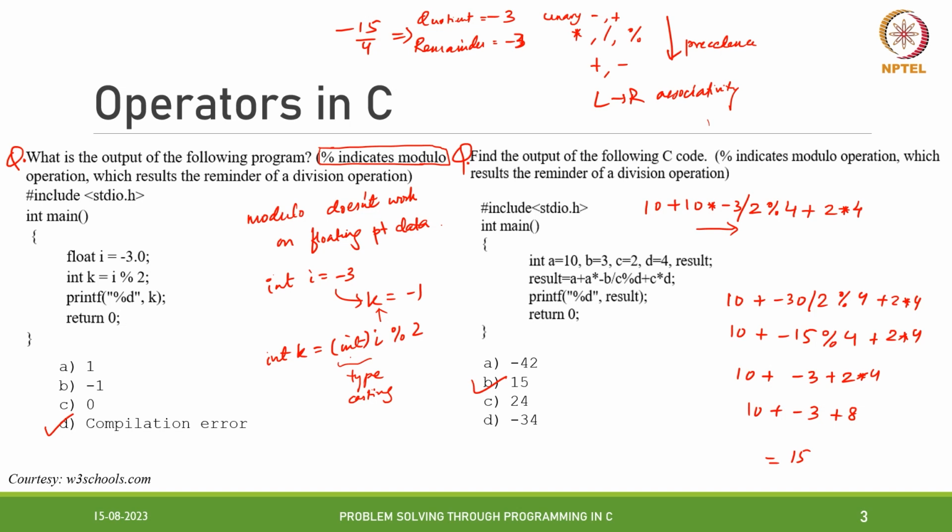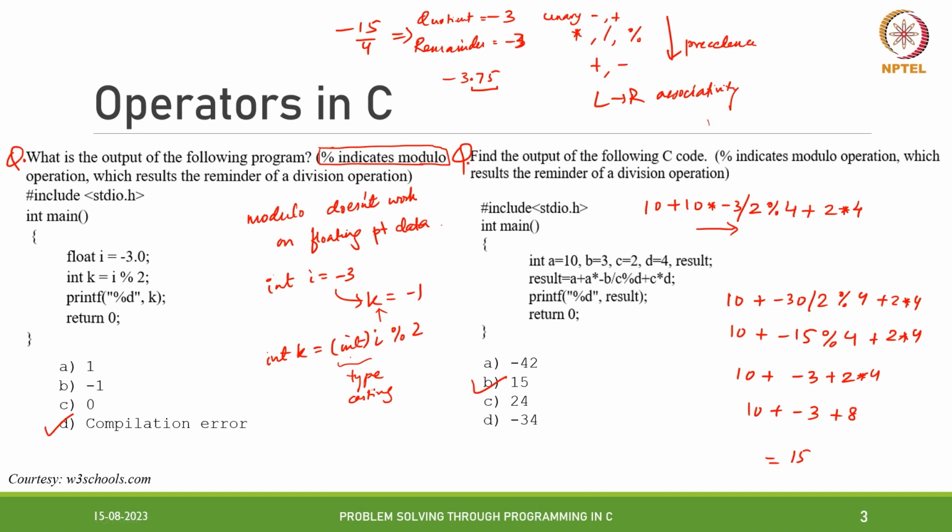That's all I can tell you at this point. So if it is minus 3.75, the remainder comes from the decimal part only: you keep the minus 3 as it is, and the minus 0.75 will be the remainder. Currently that is how it works.